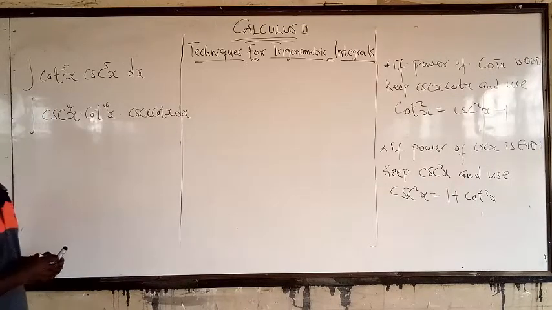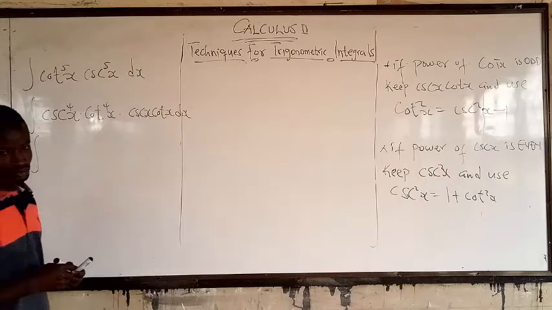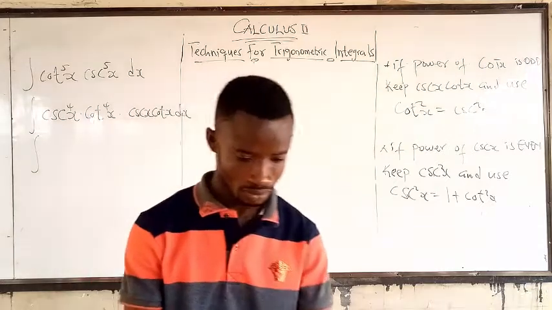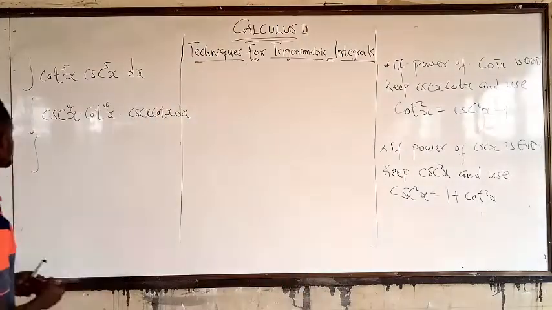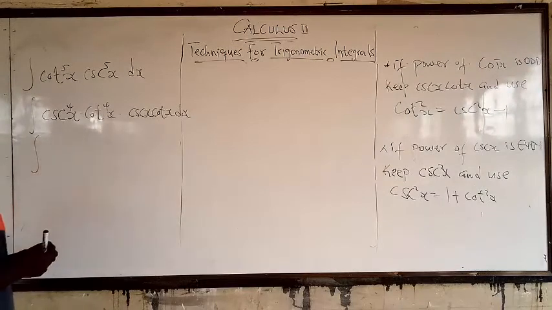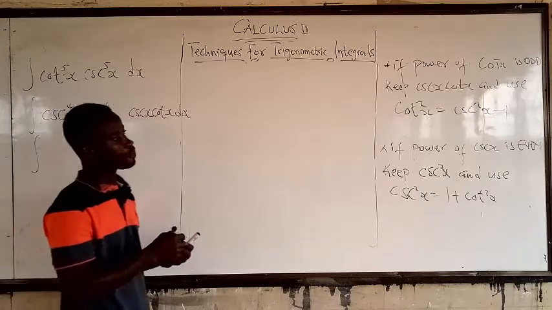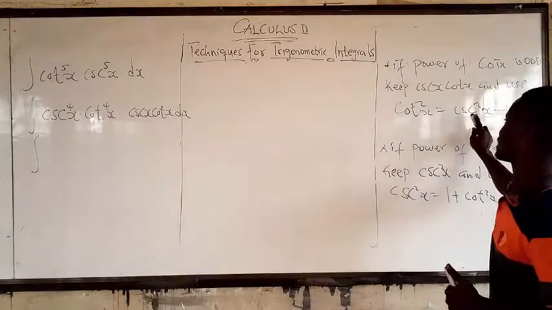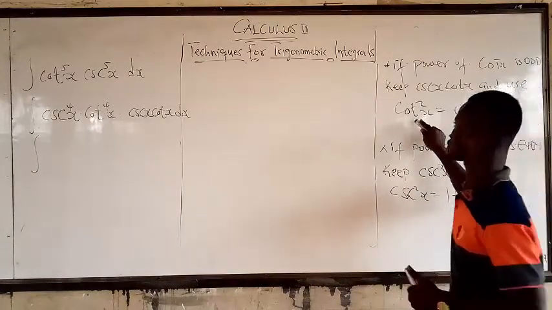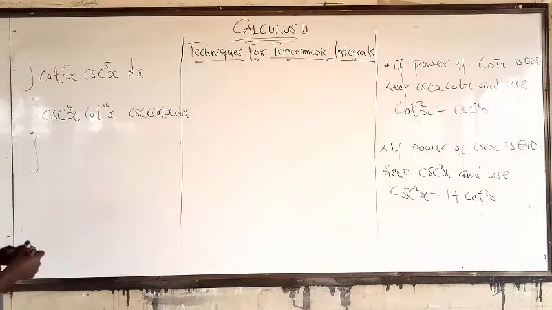So having this, we can write this as, we know that we have to do the substitution of the Pythagorean identity of cot squared.